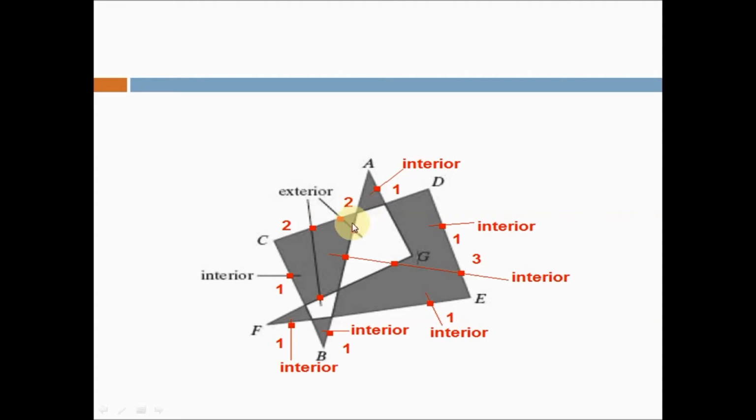You can see the highlighter here, it is intersecting one edge and here it is intersecting another edge. So it is intersecting two edges. This is the first edge, this is the second edge. Now I have found the number of intersection points.